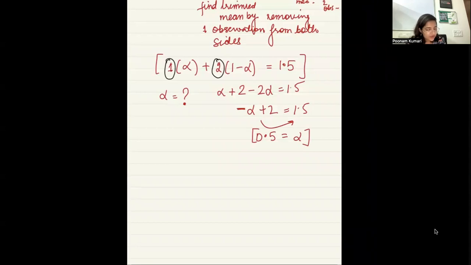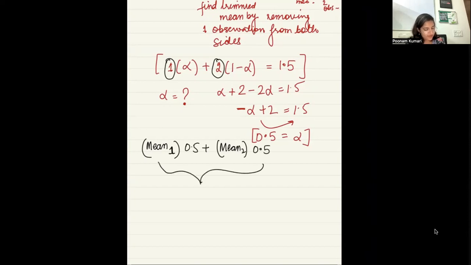So the trimmed mean when you had removed 1, you multiply by 0.5, plus the mean that you got when you removed 2 observations, multiplied by 0.5. Whatever number comes up, that will be your 15% trimmed mean. Is that okay? Yes, ma'am. We will do one example to do all of this properly.